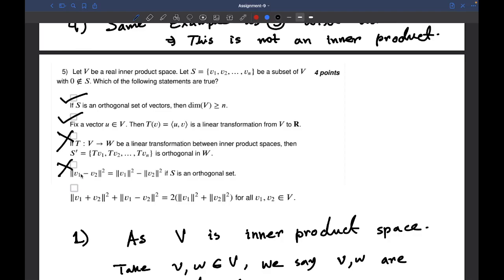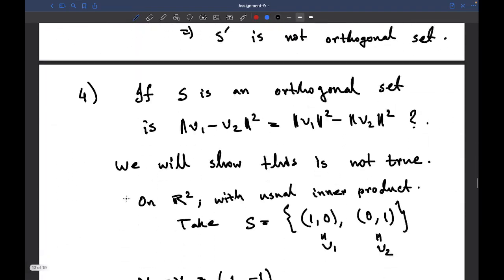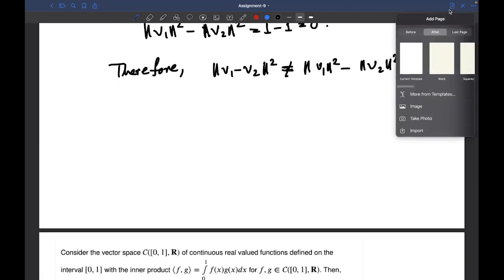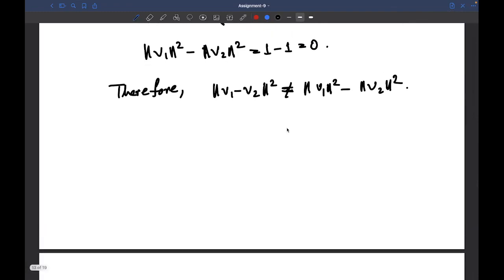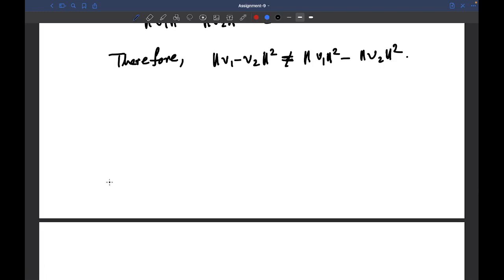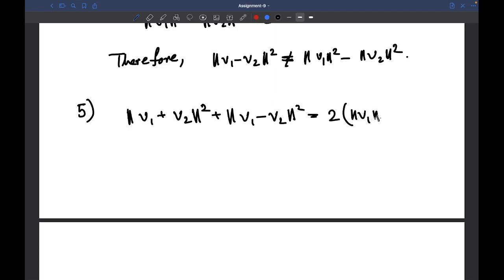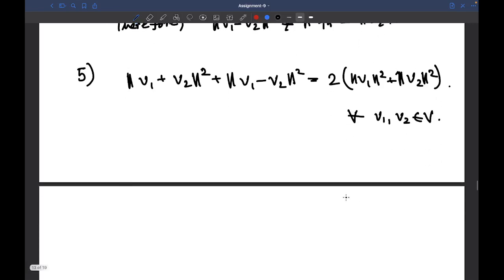Now let's check option number 5. This is norm of V1 plus V2 square plus norm of V1 minus V2 square equals 2 times norm of V1 square plus norm of V2 square, for all V1, V2 belonging to V. You have to check this.